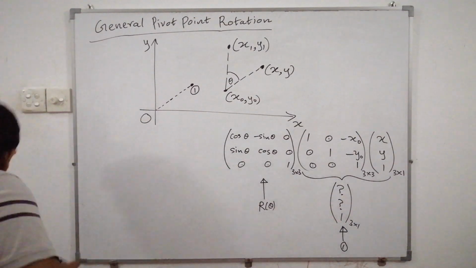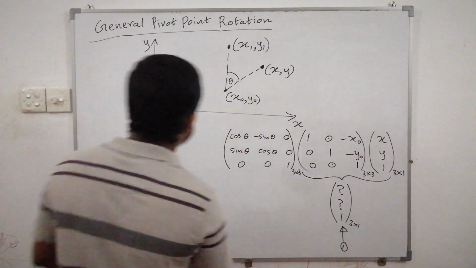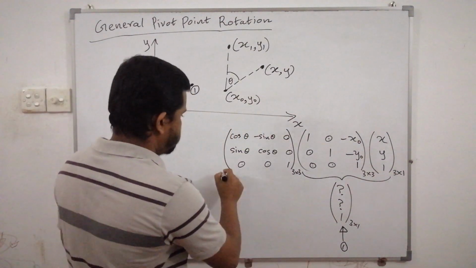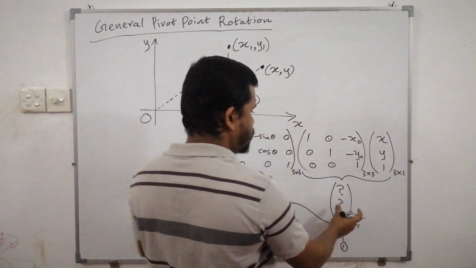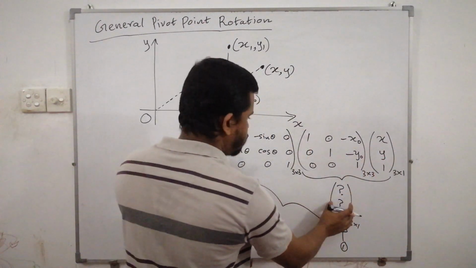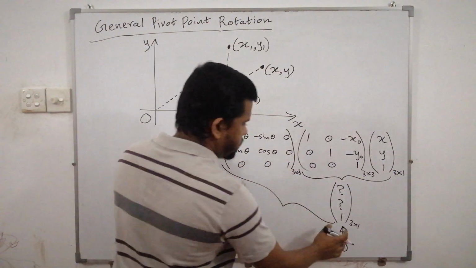If we multiply these two matrices, you get this one. Then to this matrix we apply this one, that means to this point.